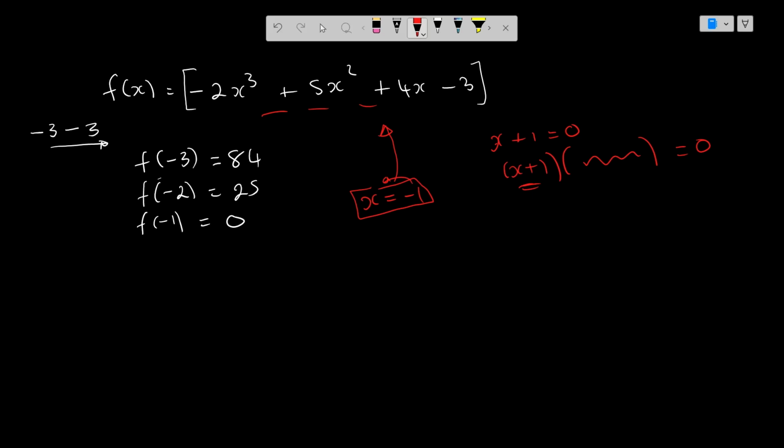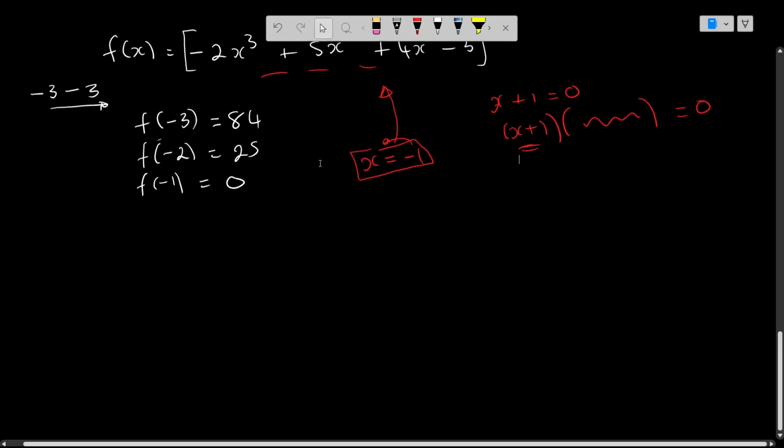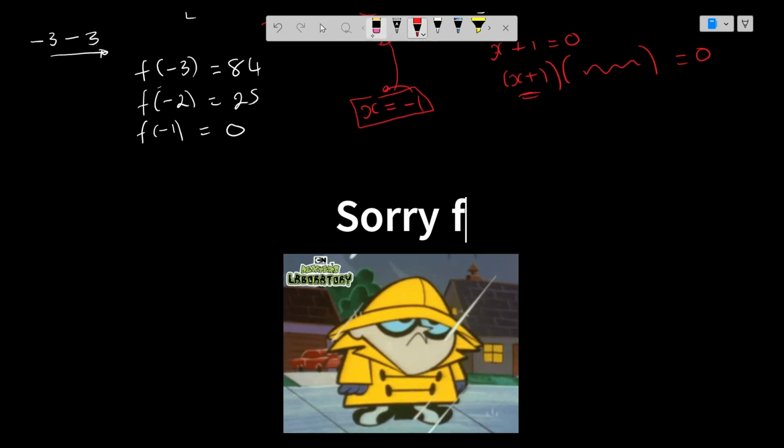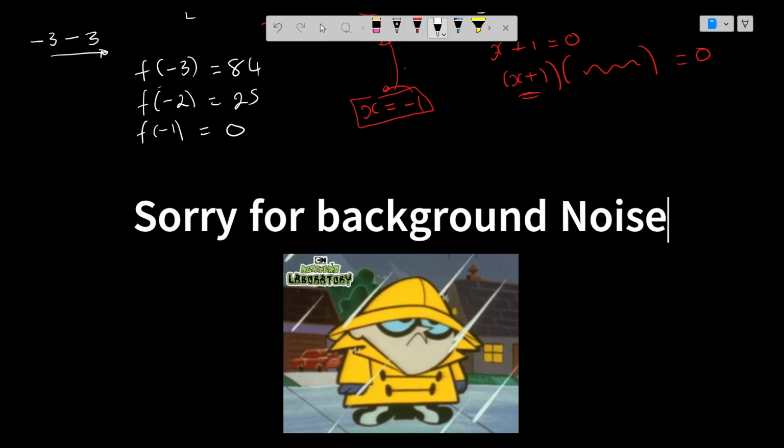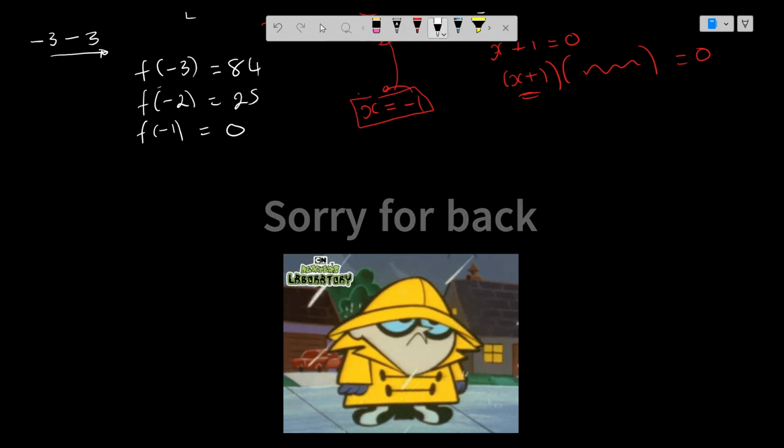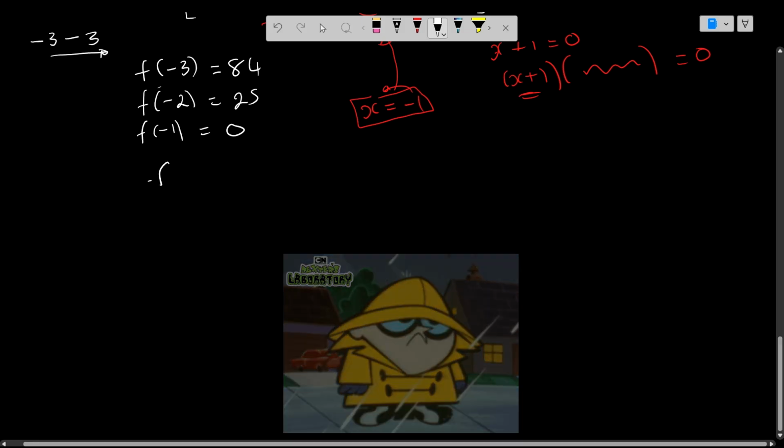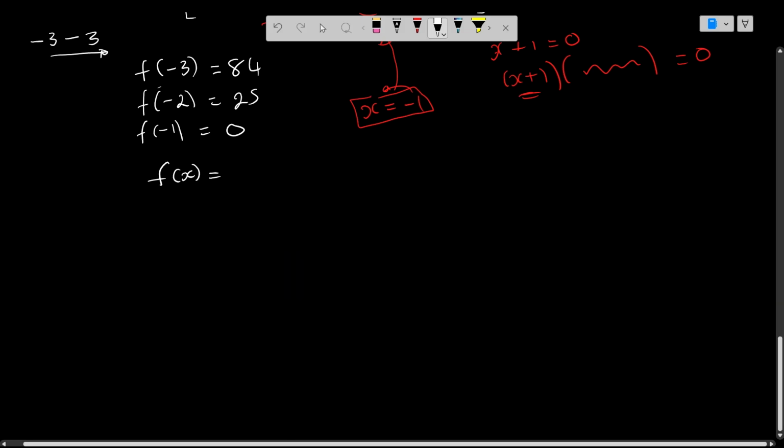So in that case, what do we do? If you know synthetic division, let's look at some equation. A cubic polynomial is given as f(x) equal to ax cubed plus bx squared plus cx plus d.